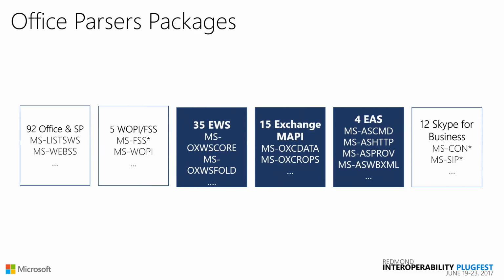Okay, Office parser packages, I just introduced how many packages we have, and you can also find the detailed information about what the protocols are in a specific package by downloading these parsers.